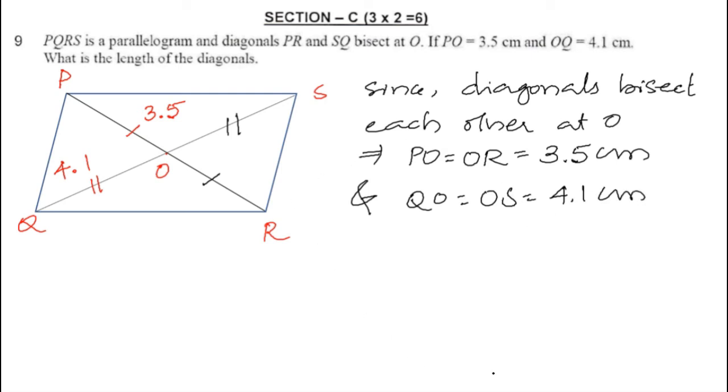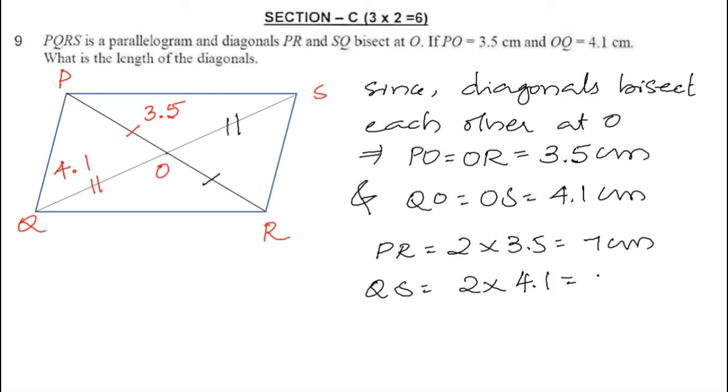In geometry, it is a compulsory thing that you must write the reason, and this is the reason here. Diagonals bisect each other. This reason carries marks. So the length of PR will be 2 times 3.5, which is 7 centimeter, and the length of QS is 2 times 4.1, which is 8.2 centimeter.